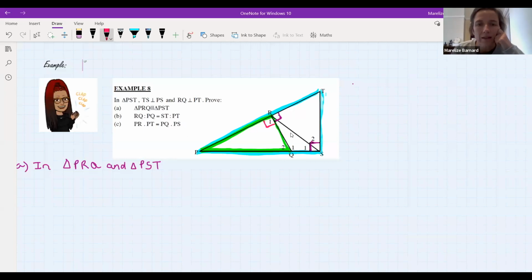The other one, because the green triangle overlaps with the blue triangle, they've got this angle P, that's actually the same angle, it's a common angle. So there's our second angle. All right, so it looks like we've done it. And then the angle that's going to follow from there, because of the interior angles of a triangle, is going to be Q2 and angle PTS.